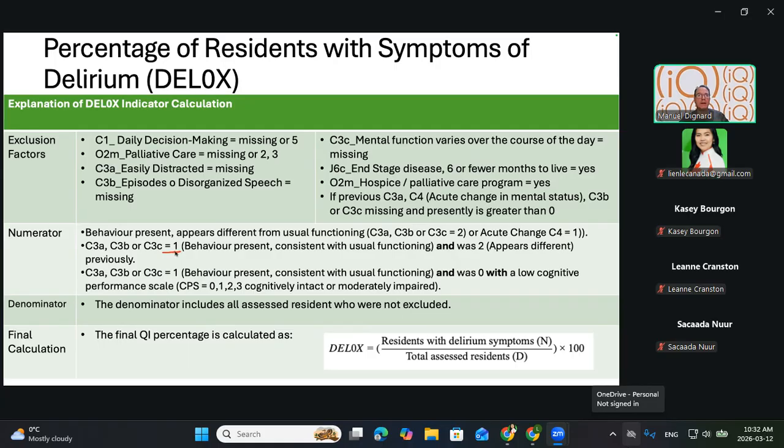If your behavior is a 1, it's present, but in the previous assessment it appears different, you're going to code for delirium.